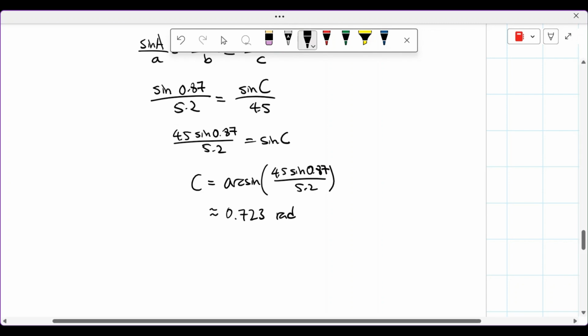Now, I know that 0.723 radians is good, but at the same time I'm wondering if I'm using it properly, because it's also possible that the complementary angle, pi minus this angle, is also a possibility. So if I compute pi minus the answer, I'm assuming that 2.42 radians is also a possibility.